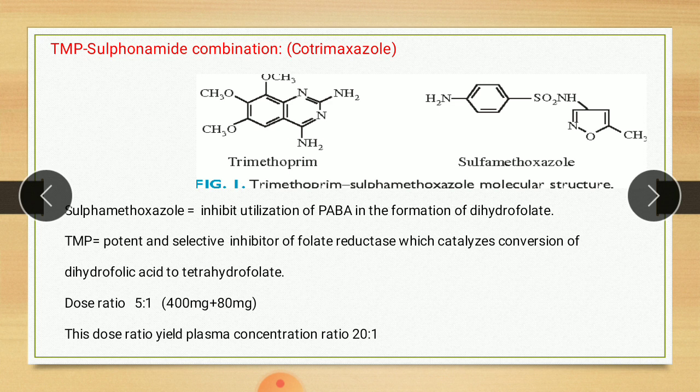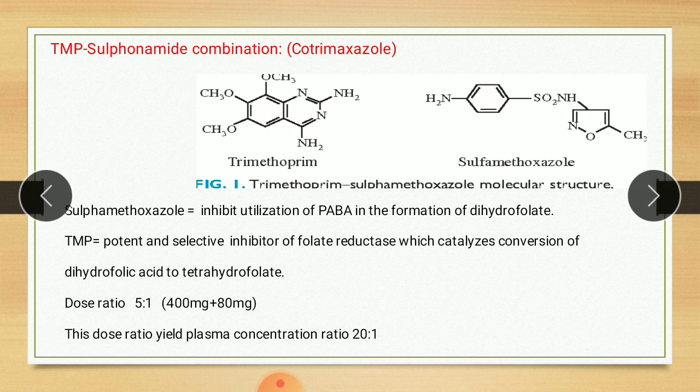So sulfamethoxazole inhibits utilization of PABA in the formation of dihydrofolate, while trimethoprim is a potent and selective inhibitor of the enzyme that catalyzes conversion of dihydrofolate to tetrahydrofolate. This synergistic antibacterial effect is observed due to a double sequential effect on bacterial metabolism.